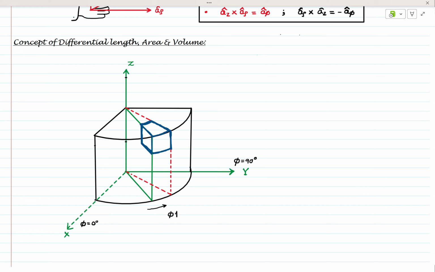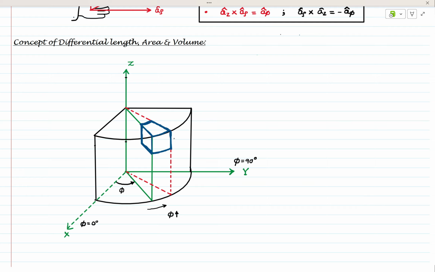And where does the phi angle lie? This is your phi angle. Now, the cylindrical coordinate system is the rho, phi, z coordinate system. Among rho, phi and z, the phi is here.